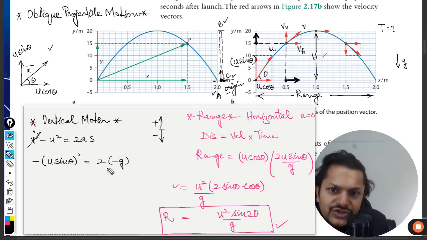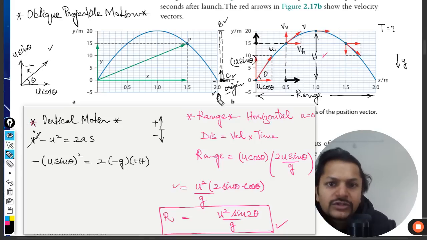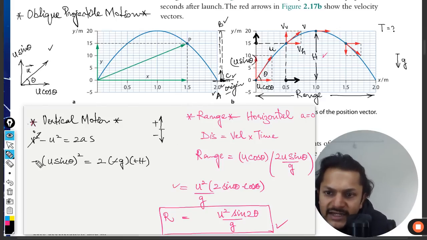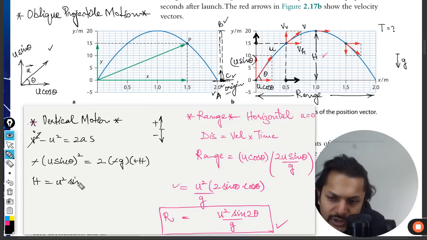Gravity is negative g. And the displacement that you go up, that is h. So that will be taken as positive h according to the sign convention, because this is treated as the origin and it is going up. So upward is taken as positive here. This negative and this negative cancel. So clearly the capital H is coming out to be u square sine square theta divided by 2g.